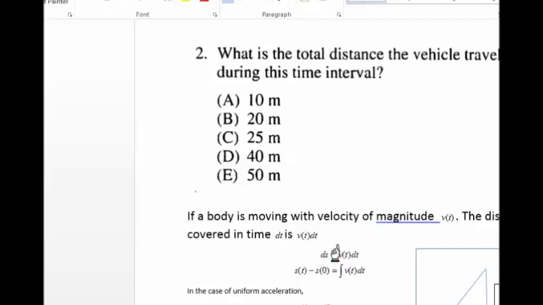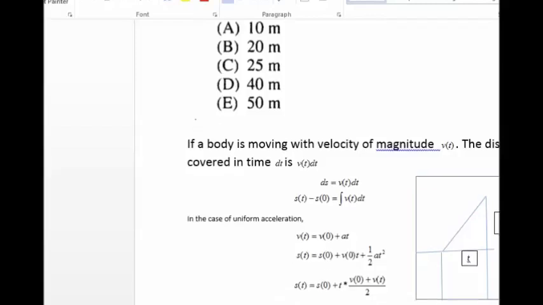But in case the velocity is varying with time, which is the case here, that the velocity is varying linearly with time, that is uniform acceleration, then the distance traveled in the time interval is given by the integral of v(t) dt, which is nothing but the area under this line.